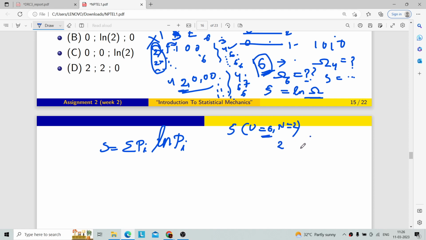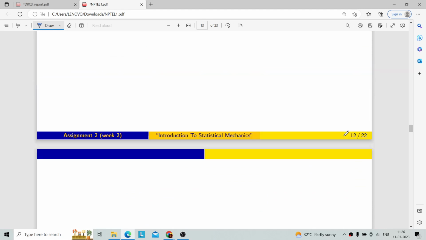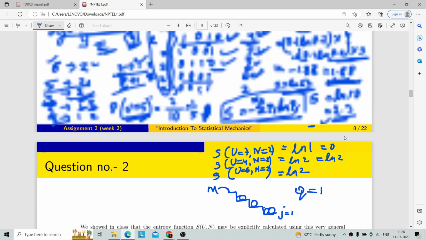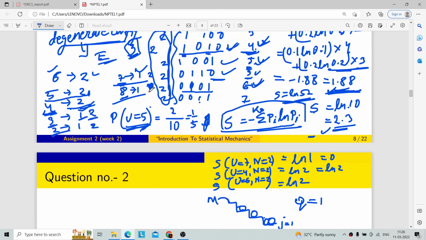And how many total microstates are there? There are total 10 microstates. Let's calculate. We have 2, 2, 2, 1, 1, 1, 1. So total 10 microstates. Out of them, 2 are with energy 6.